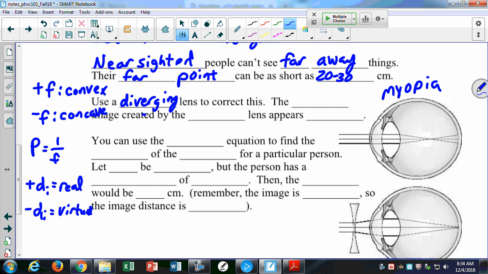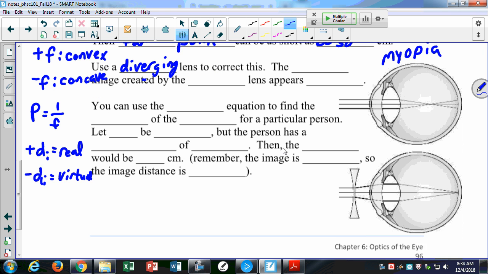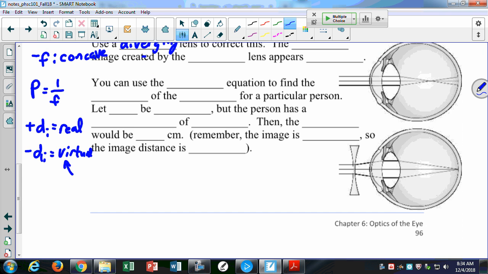So if I use a diverging lens, that is, if I have a negative focal length, it shouldn't be too big of a reach to imagine that my image distance is going to be negative. Then I'm going to have a virtual image. Remember, virtual images can't be projected onto a screen.